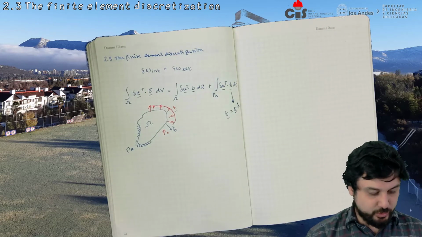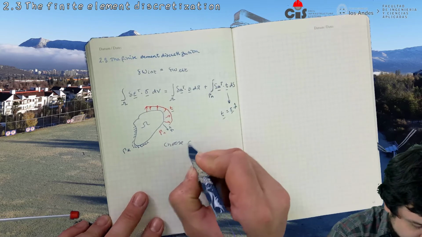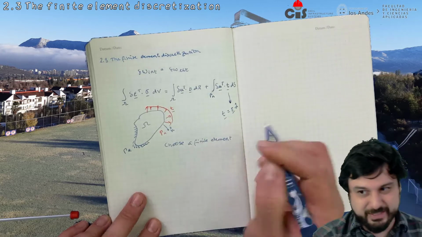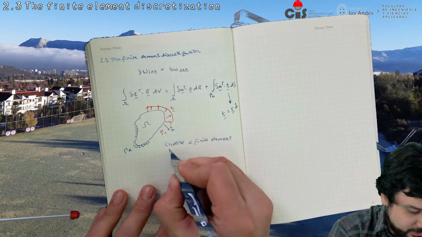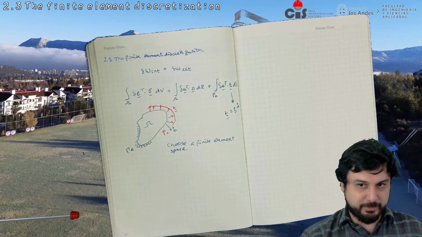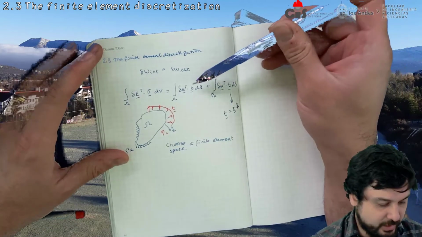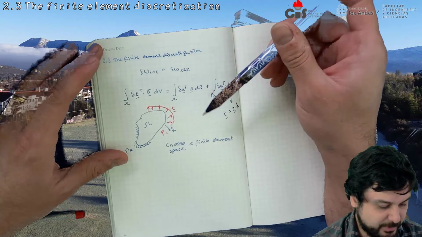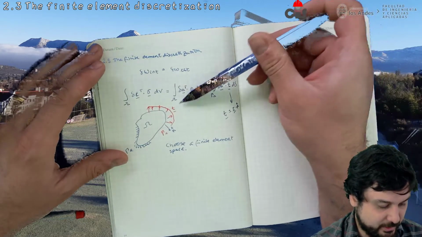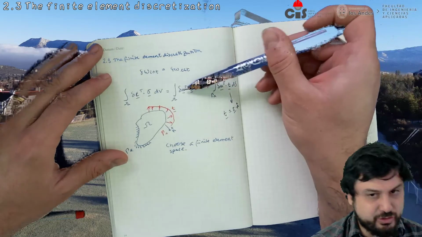So we're going to choose a finite element space. What does that mean? Let's talk a little bit about this equation. It needs to hold for whatever delta u you put in. Remember that delta u is a virtual displacement field applied on top of the solution, used to test the solution.